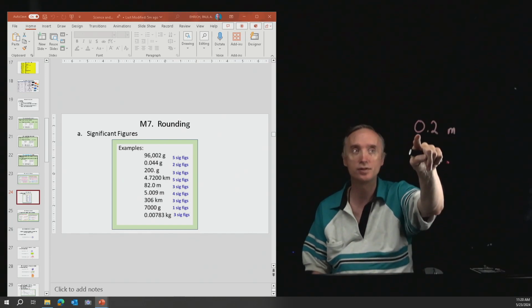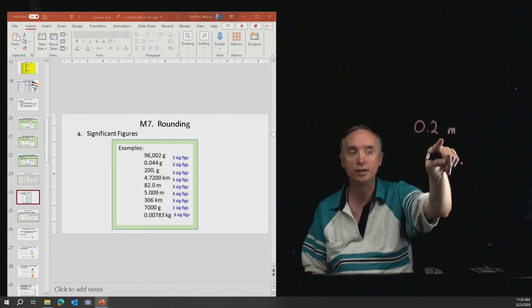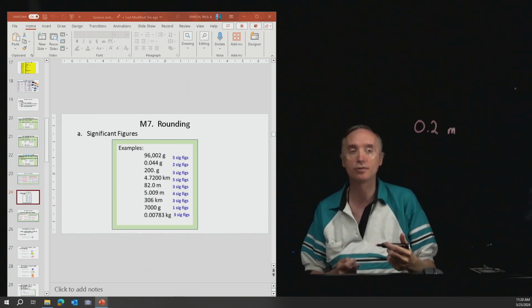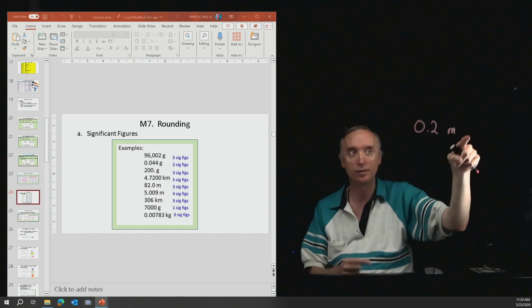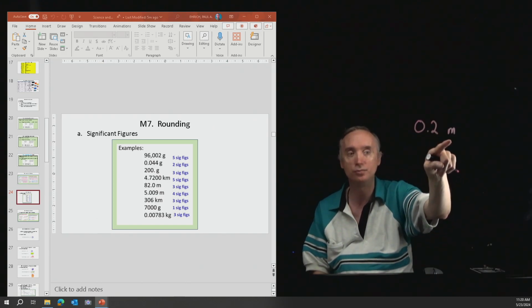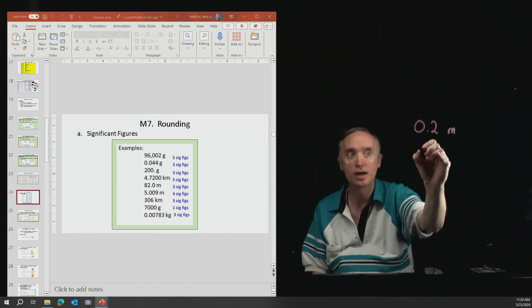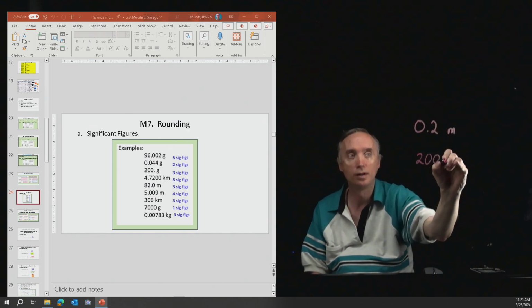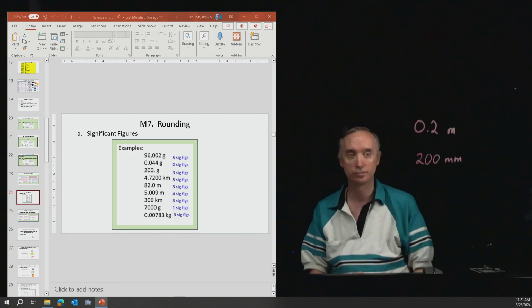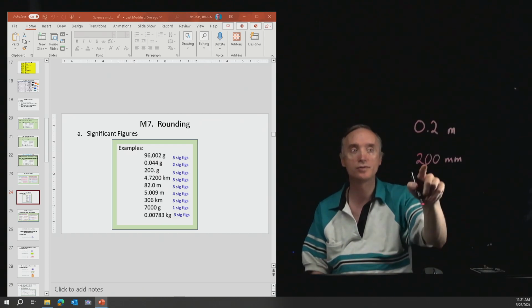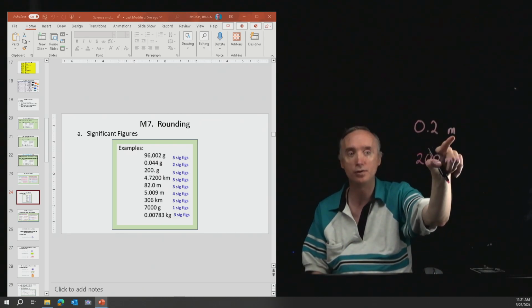So this number here is really not as accurate as what you really were. If you were using the meter stick and it was exactly 0.2 meters, then it was actually 200 millimeters. So 200 millimeters is the same thing as 0.2 meters.